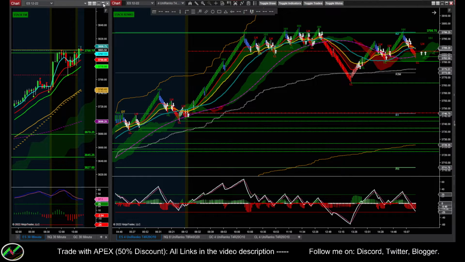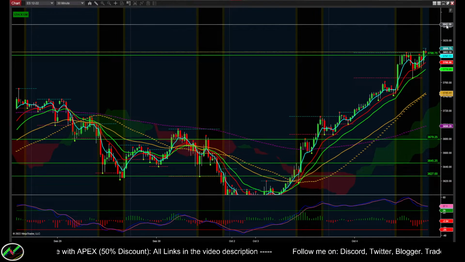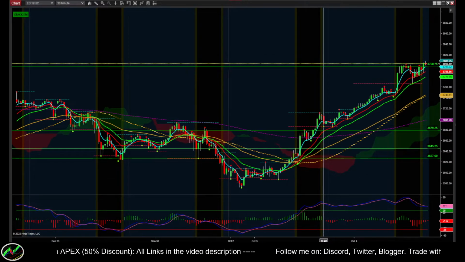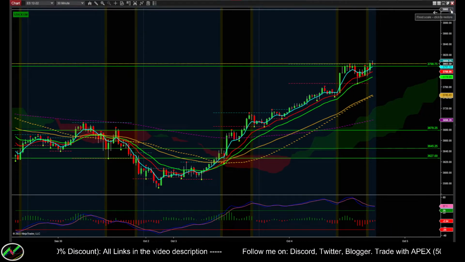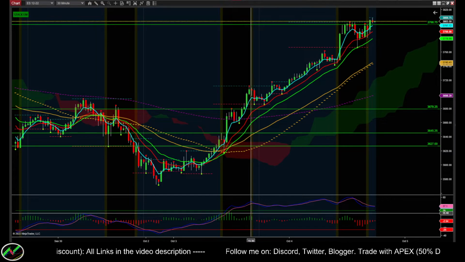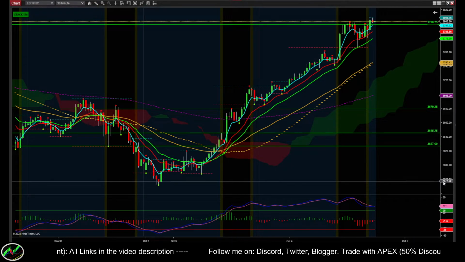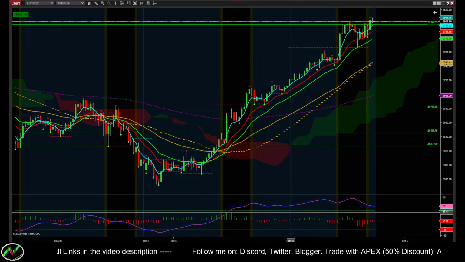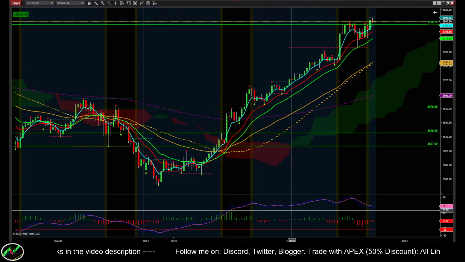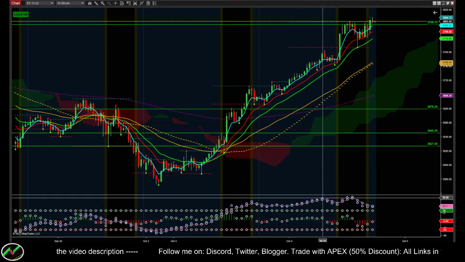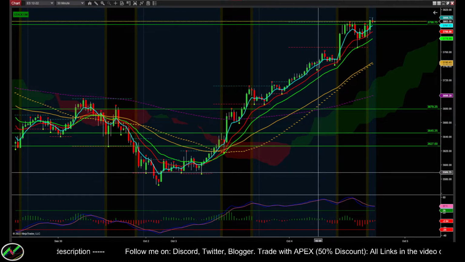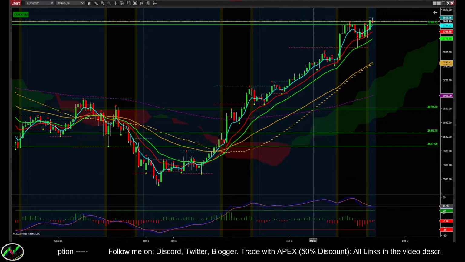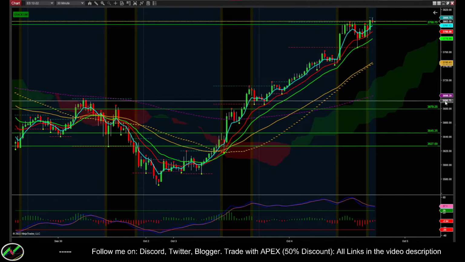So let's go and open this 30 minute chart. You will also see that in the lower end of this chart, right here, I use the MQ momentum. This is an indicator that I bought from, it's called, let's see.